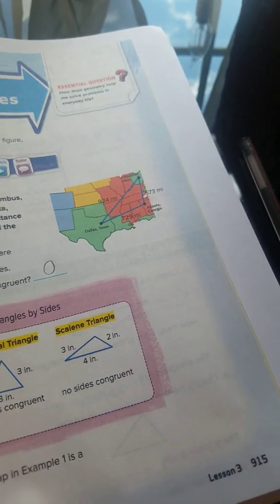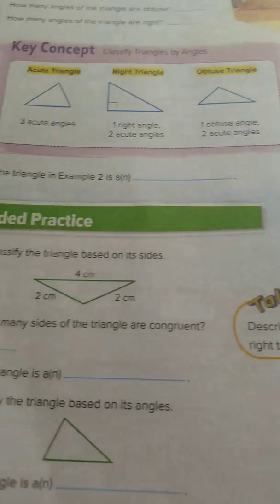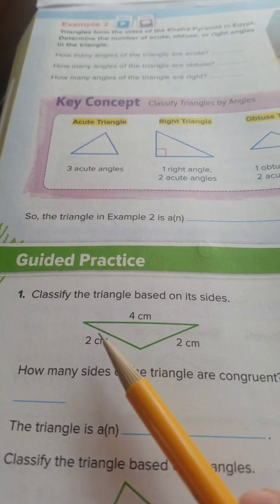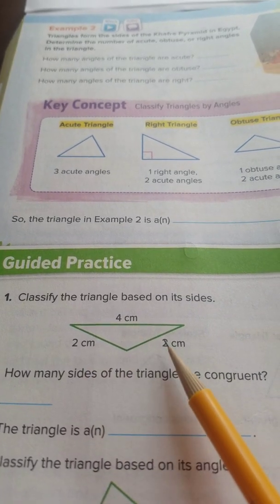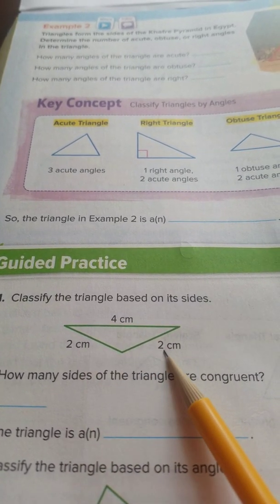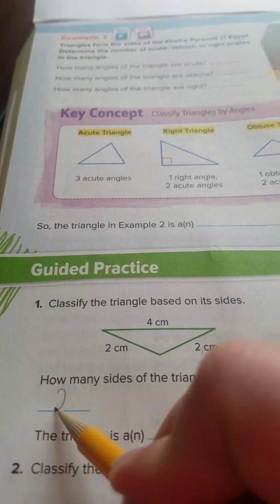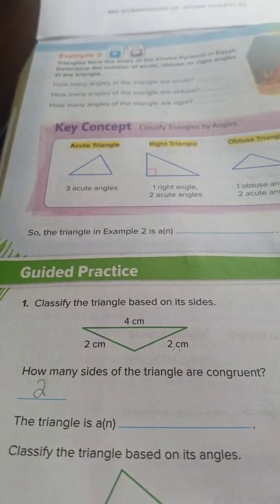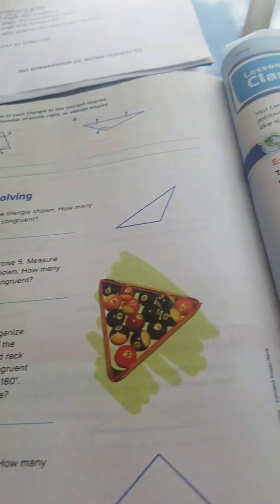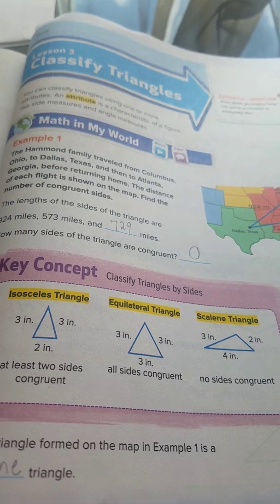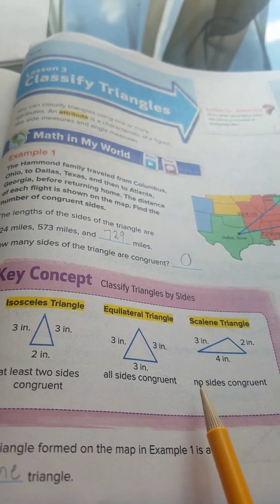Let's go on to page 916. We're going to do number 1. Classifying it based on its side. How many sides are equal in this green triangle? This one and this one. So there are 2 equal sides. Let's flip back to the key concept chart. Which one talks about 2 equal sides? This one says none.